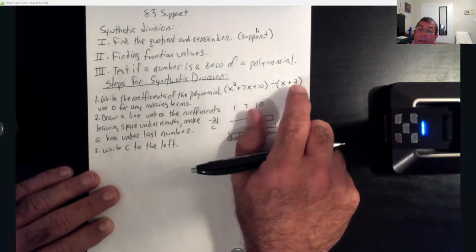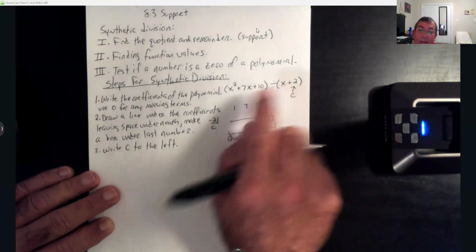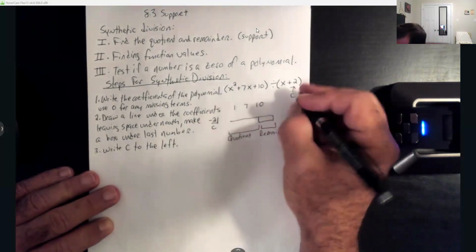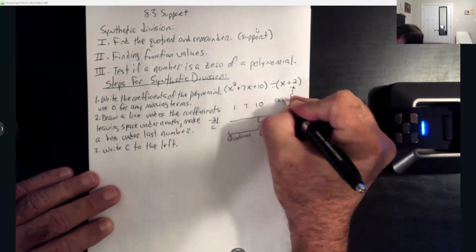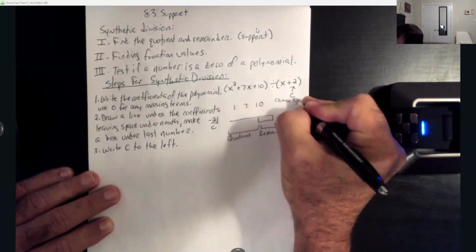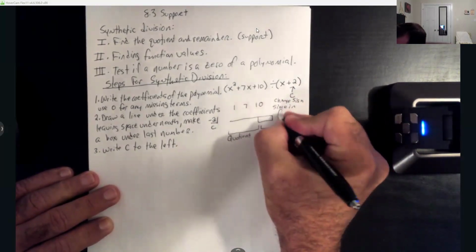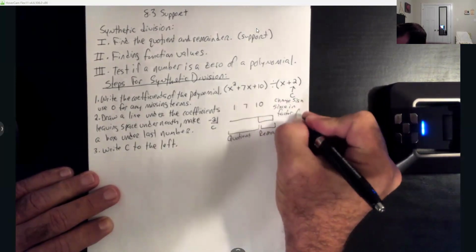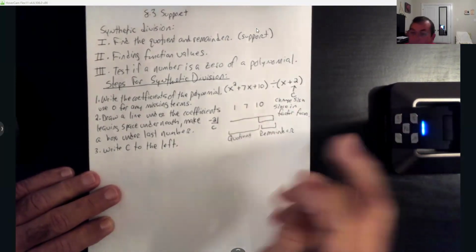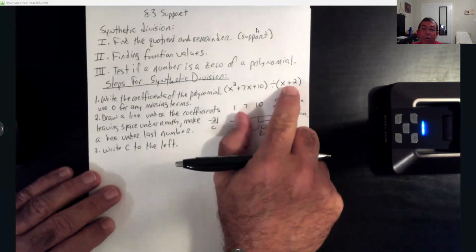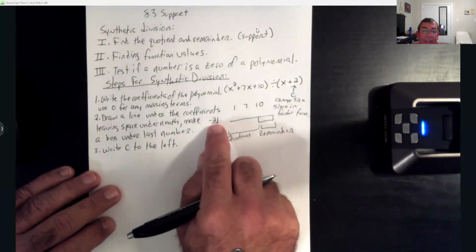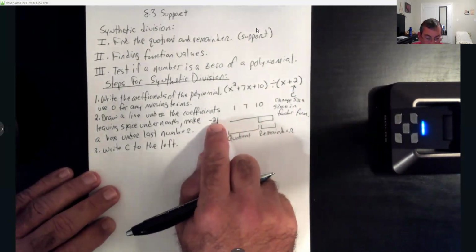So remember, if it's in factored form, change the sign. So if you're dividing and your number is in a parentheses, you got to change it to the opposite sign.